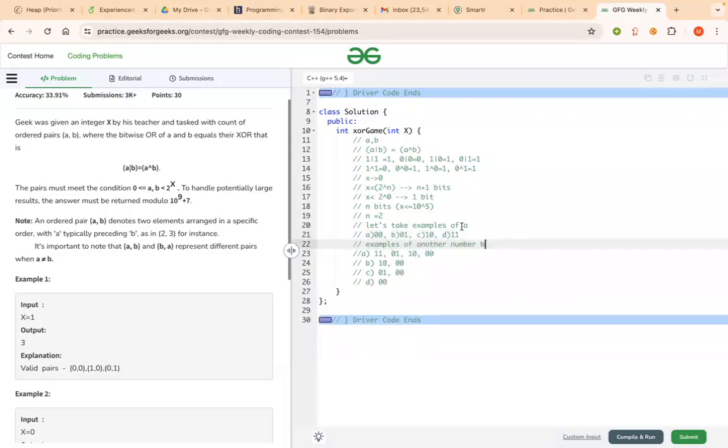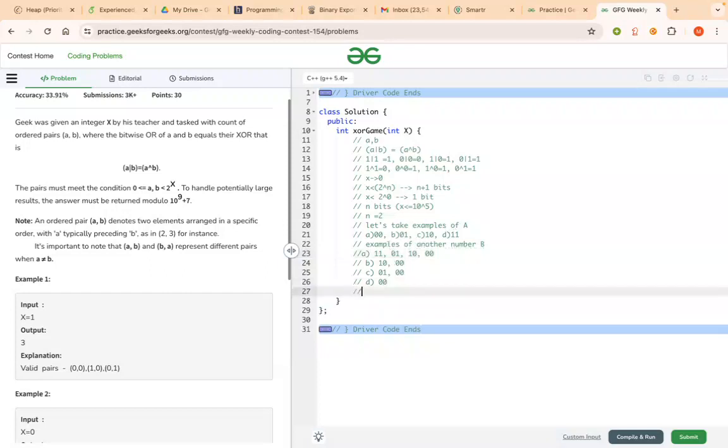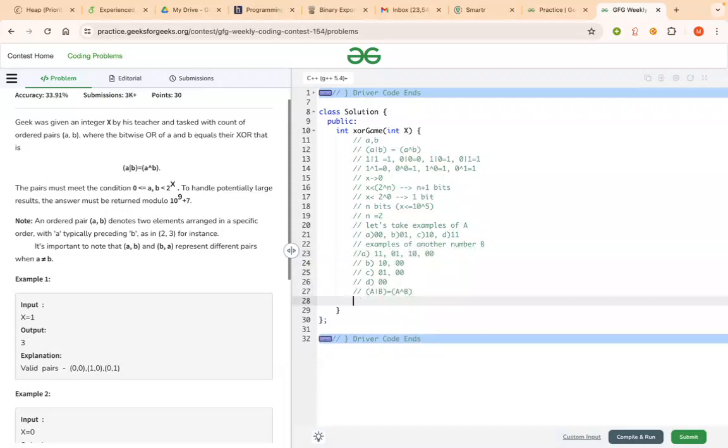This a and b are the pairs. Let's rename as a and b. So all these combinations of a and b satisfy this condition that a OR b is equal to a XOR b, right?